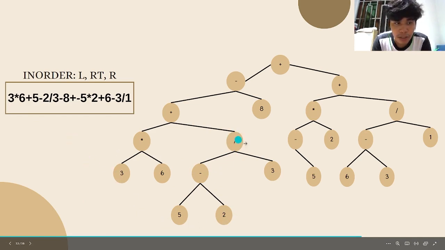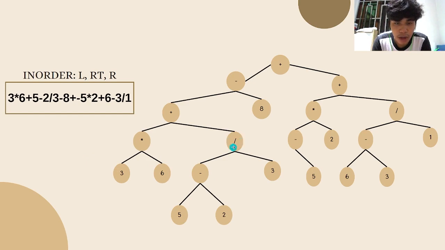And now we go back to the divisor, which has already traversed to the left, so we can print it out as well and traverse towards the right. Here, the constant 3, or the node 3, is once again a leaf node, so we just print it out. Now we go back to the parent node of this divisor, which is the positive, but this has already been visited, so we go back to the parent node of that positive, the negative or the subtraction here.